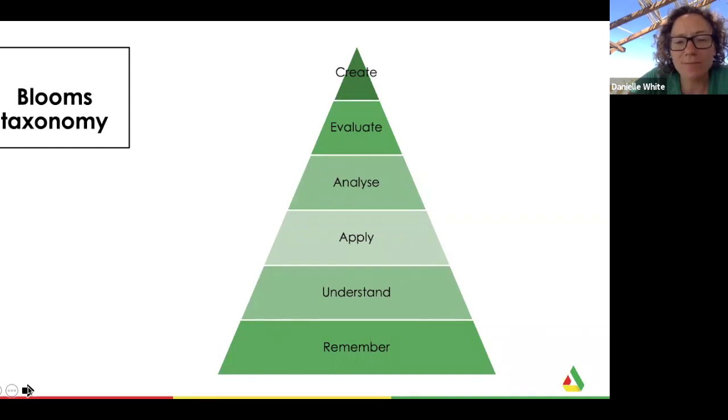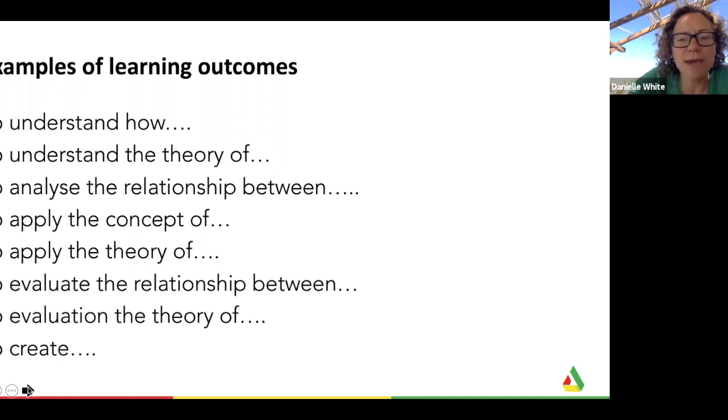And just to give you some examples of how that might work as a learning outcome, it might be that you say to understand how a particular formula works, to understand the theory of, to understand the relationship between, to apply the concept of, to apply the theory of, to apply the formula of, to evaluate the relationship between two theories, to evaluate the theory of, and to create something new based on that.